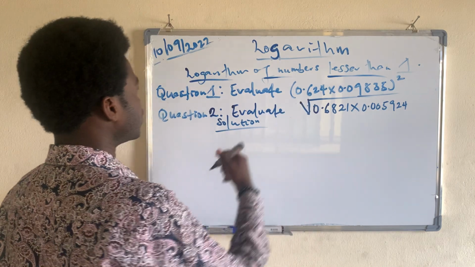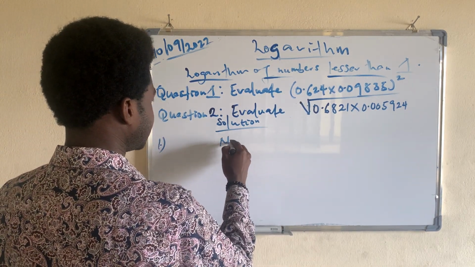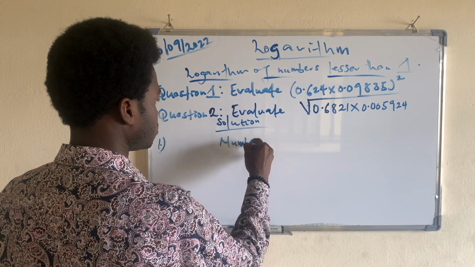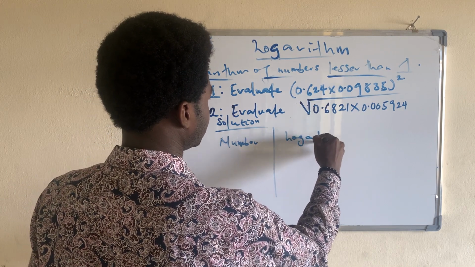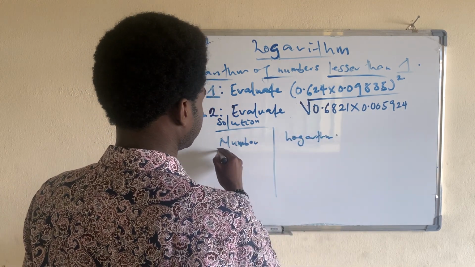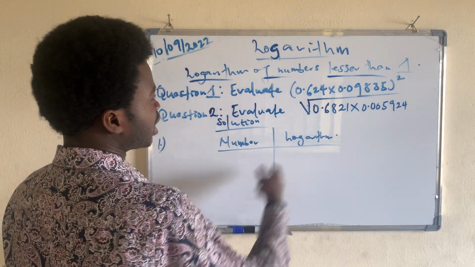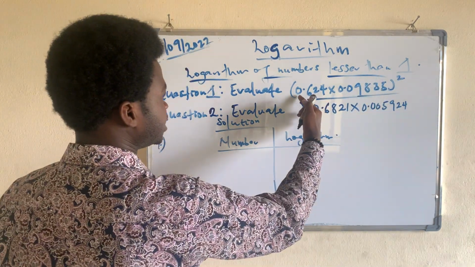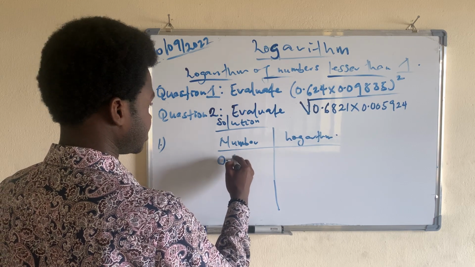Quickly, considering problem 1, I have to draw out my table: number, then logarithm, or you simply say log. I will pick out this first number, neglecting the power at first, and write it out: 0.624.